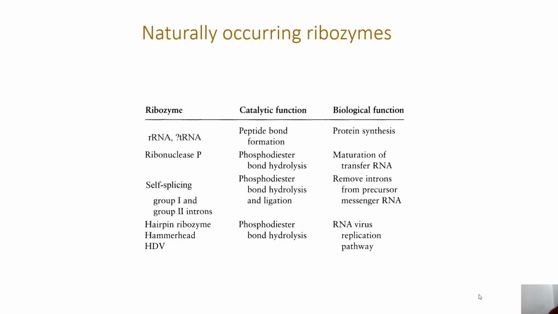Ribonuclease P performs phosphodiester bond hydrolysis, and the biological function is maturation of transfer RNA. Then we have self-splicing group 1 and group 2 introns, with phosphodiester bond hydrolysis and ligation, whose function is removing introns from precursor messenger RNA. Hairpin, hammerhead and HDV ribozymes perform phosphodiester bond hydrolysis and are involved in RNA virus replication pathways.